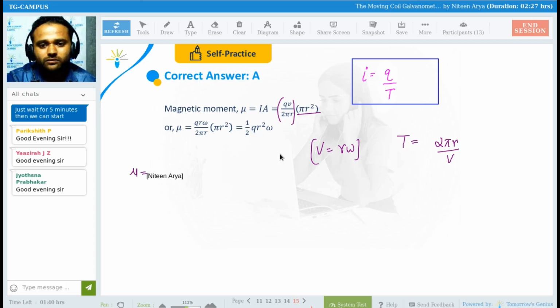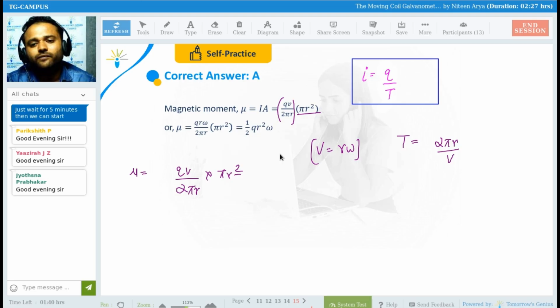So mu is QV upon 2 pi R into pi R square. This R and V give me omega and R square. So R cancels and then pi cancels, and then we have this. Simple.